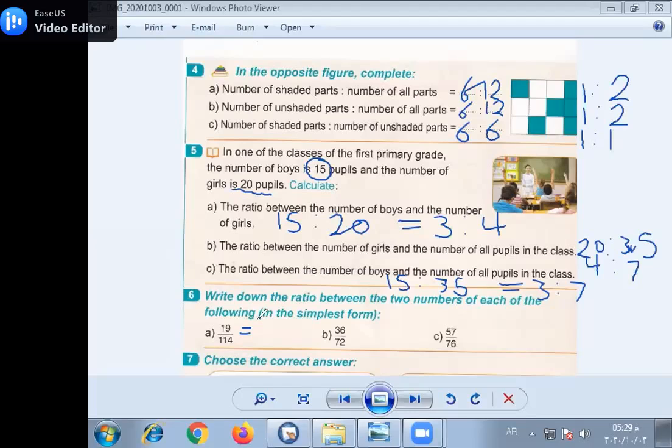Who and who? Okay, go ahead please. 19 over 114 equals 1 over 6. Excellent. Yes, it will be 1 over 6. Thank you.